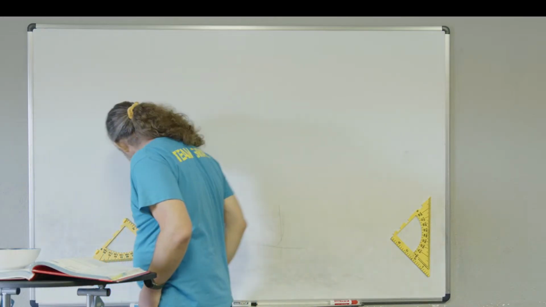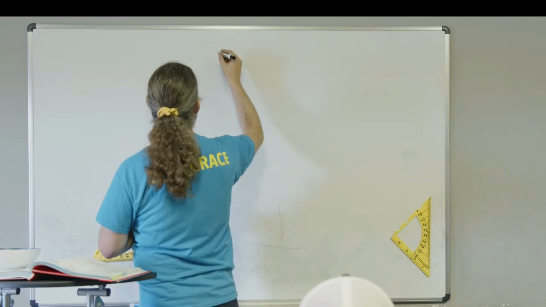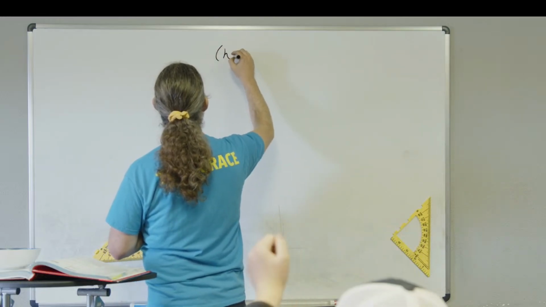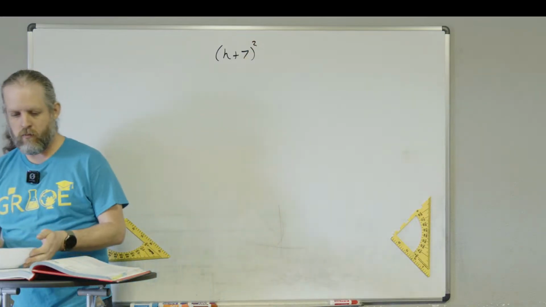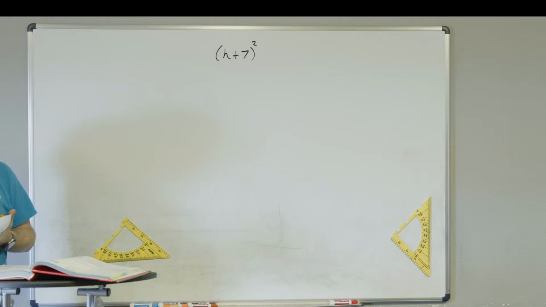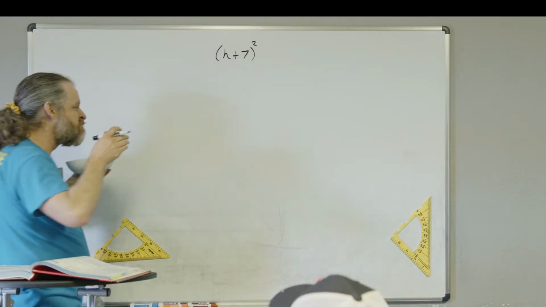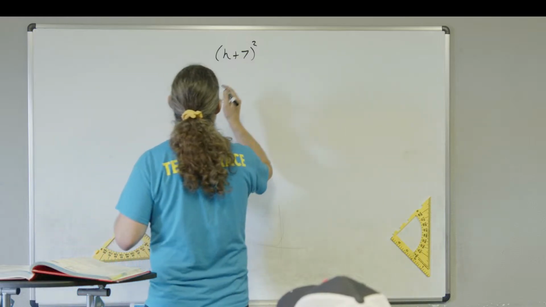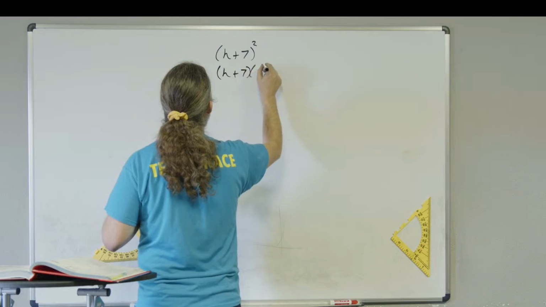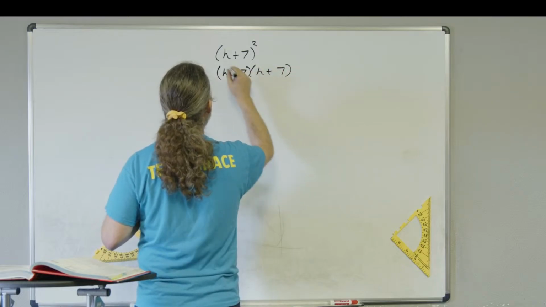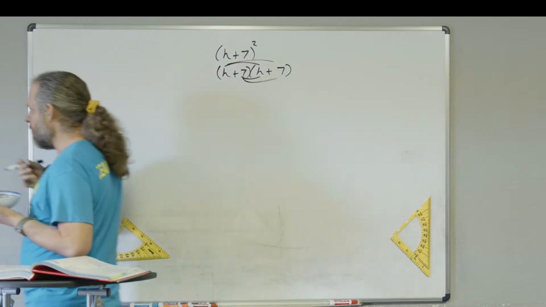Number 14. H plus 7 quantity squared. What do we do? What's h times h?